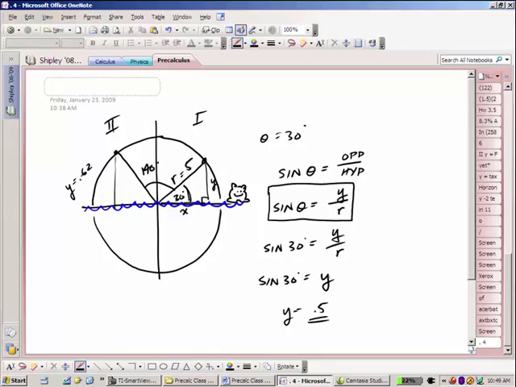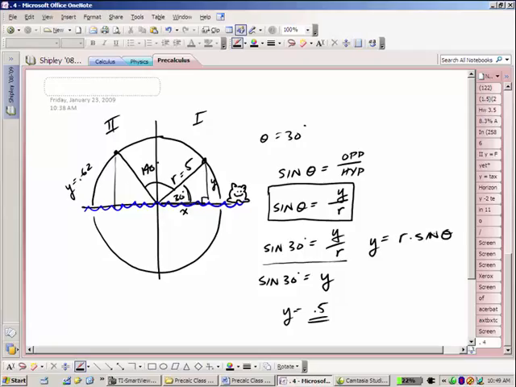And exactly what Danny said, I know that the sine of 30 degrees is y over r, so Danny just said, look, that means y is equal to r times sine of the angle. So if the Ferris wheel, or the wheel, is 5 feet, just take the sine and multiply by whatever the radius is. The bigger the radius, the higher she's going to be. 2.5, exactly. Is that okay?